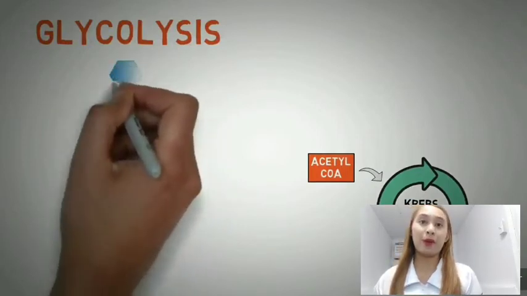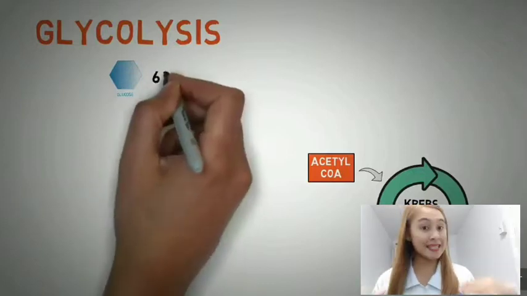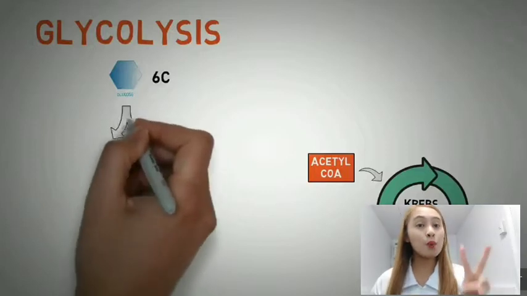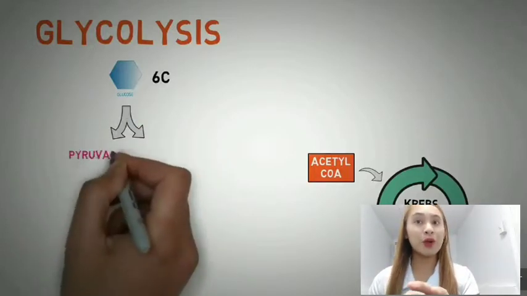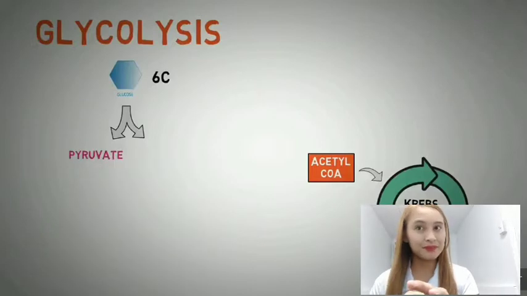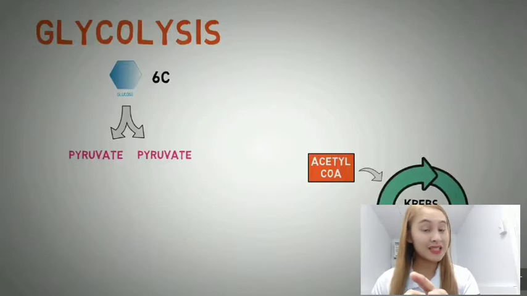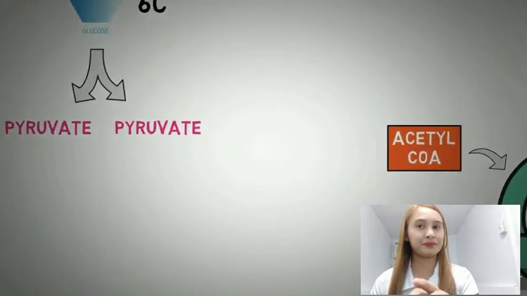In this pathway, we were able to break down glucose, which is a 6-carbon compound, into 2 molecules of pyruvate, which is a 3-carbon compound. So we have the end product of glycolysis, which is the 3-carbon compound pyruvate.